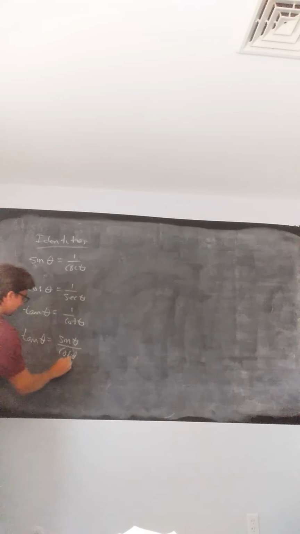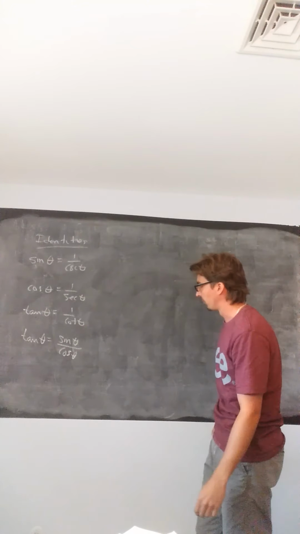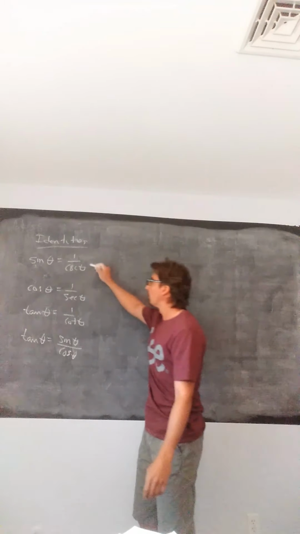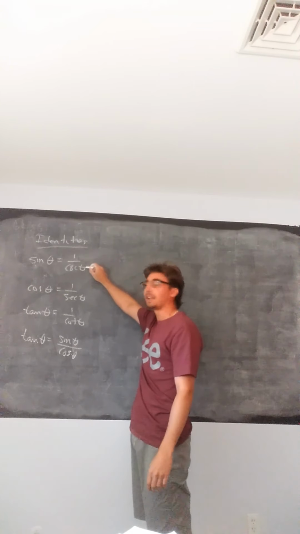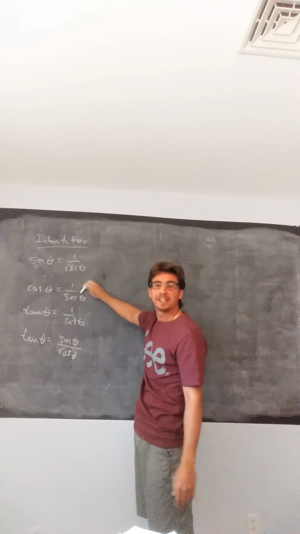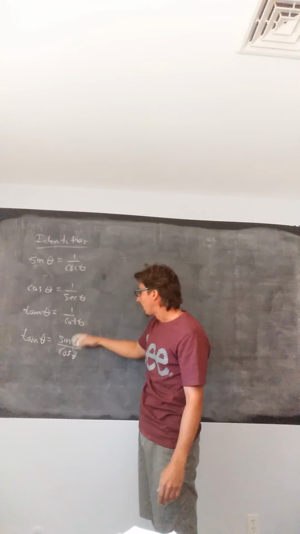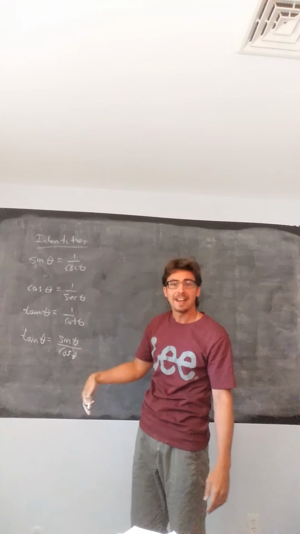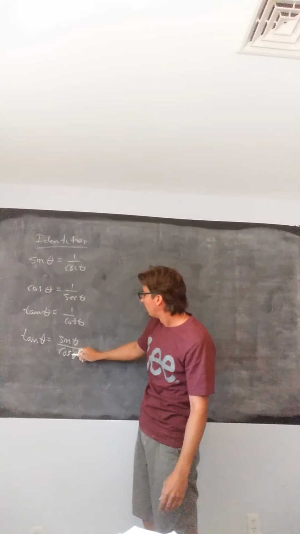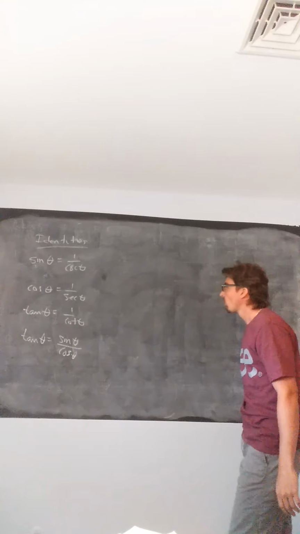And as you'll see in some of the examples today, it's very important to be able to rewrite in those fashions. Okay? And then we could also go backwards. For example, if you're given cosecant theta, you can write that as 1 over sine. If you're given secant theta, you can write that as 1 over cosine. And if you have cotangent, you can write that as 1 over tangent, which would then be, in turn, cosine theta over sine theta.